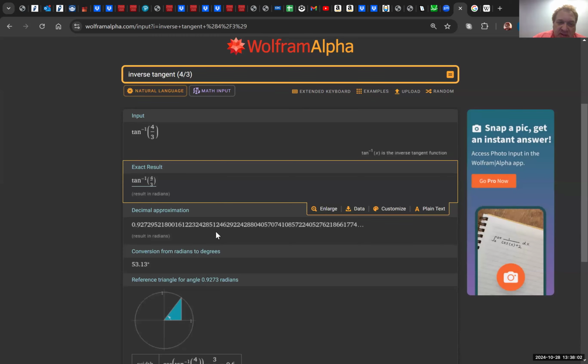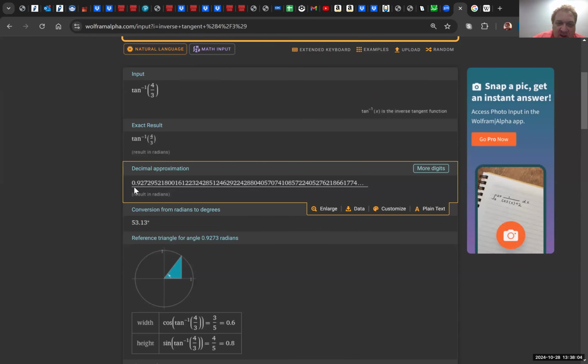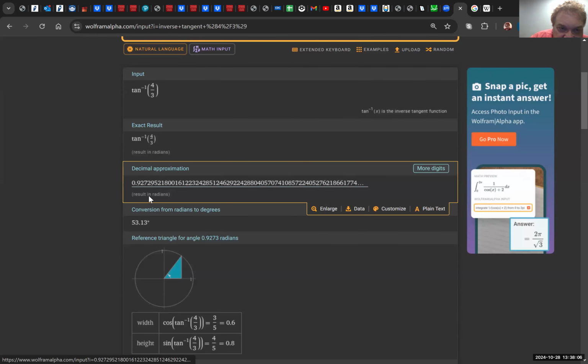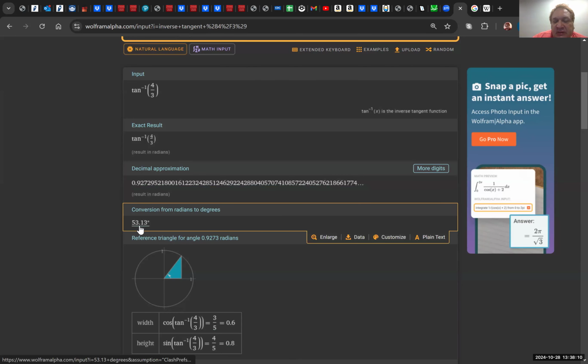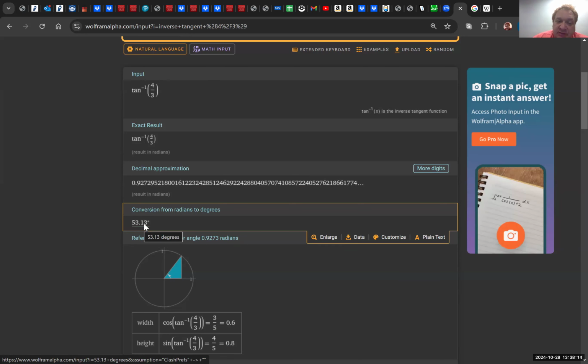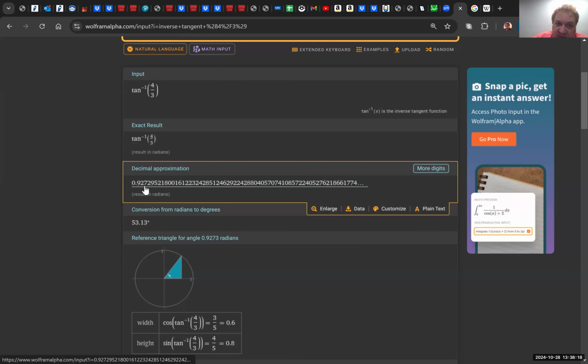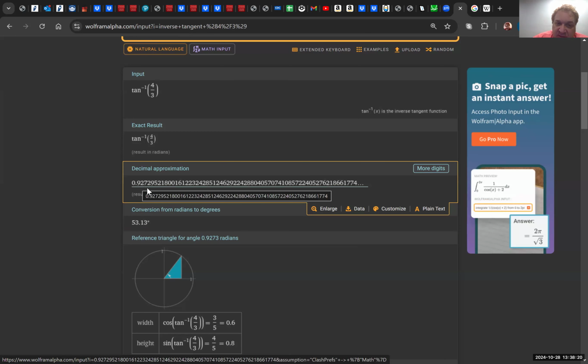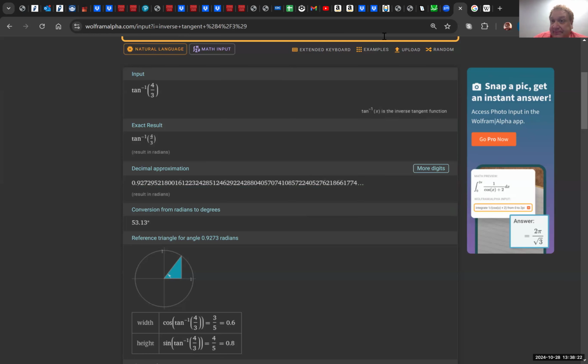And it gives us about 53.13. It does give degrees, but we need to stay with radians when we're doing calculus. So don't give the degree answer. You want the radian answer. So 0.927 approximately radians.